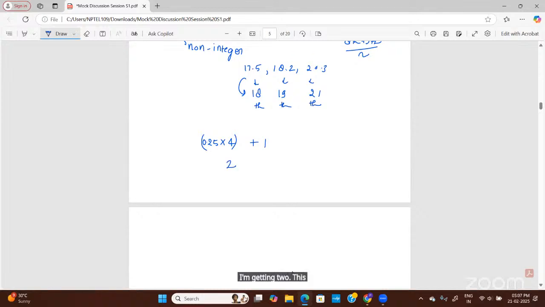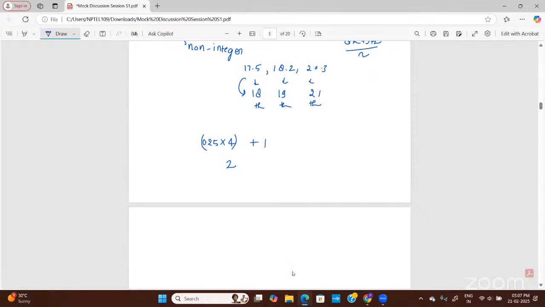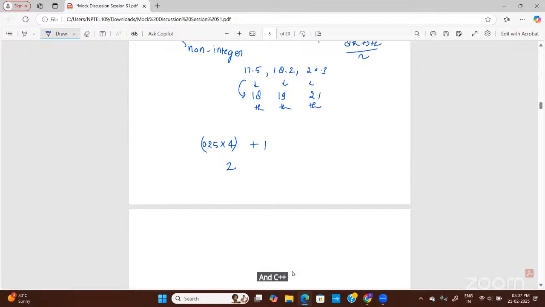I'm getting 2 as the answer, and 2 is the second size. Why are you adding 1? I don't understand. I guess I have made some mistake, because in the integer part, do we have the formula NP plus 1? NP plus 1 is not the formula.